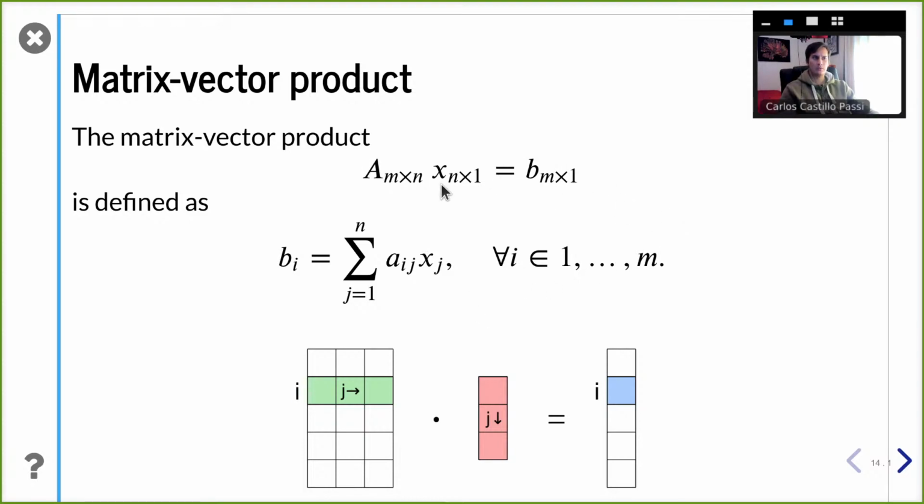By the way, do you know why this output is m times 1 and not n times 1? Do you know how to infer the dimension of the matrix vector product?